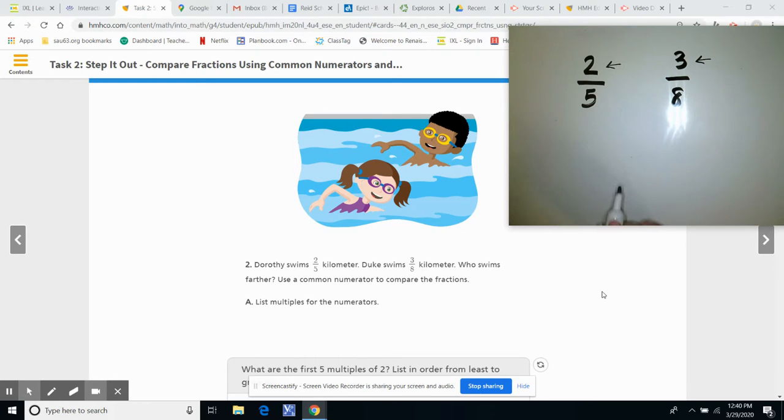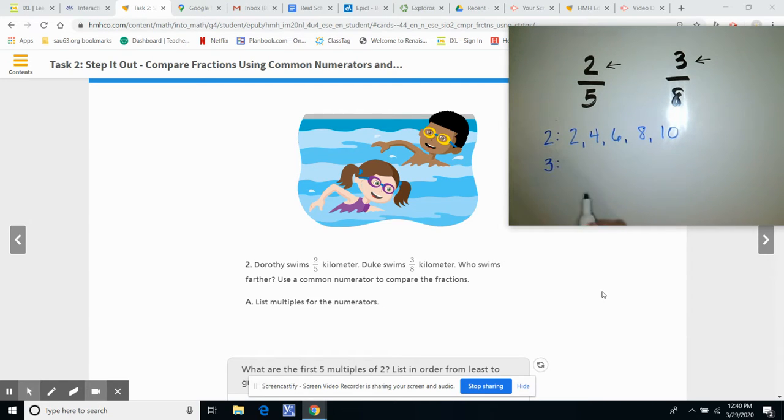So it says list the multiples for those numerators. Let's start out with our 2, and we're trying to find one that is going to be common for both 2 and 3. So let's list our multiples: 2, 4, 6, 8, 10, and so on. Let's see if we have to go that high.